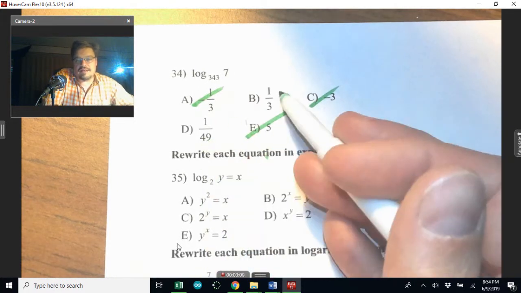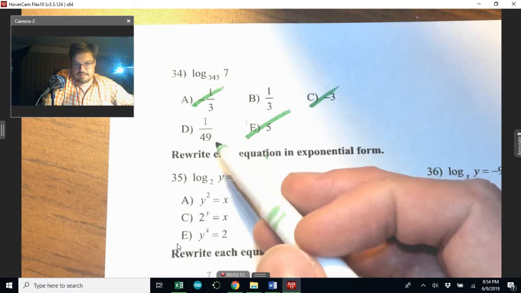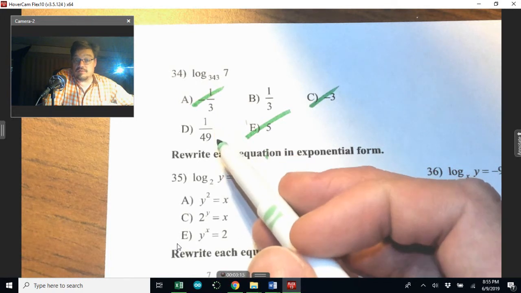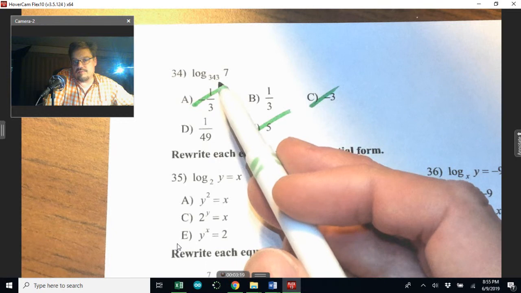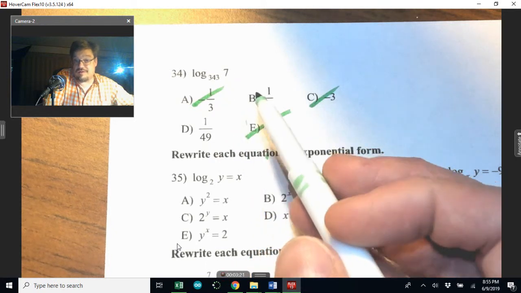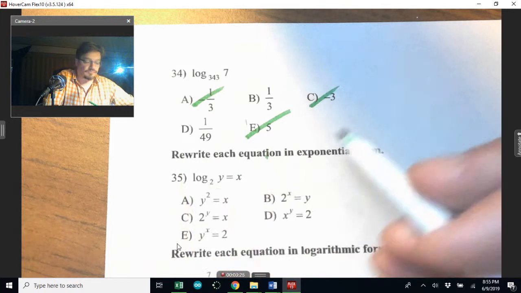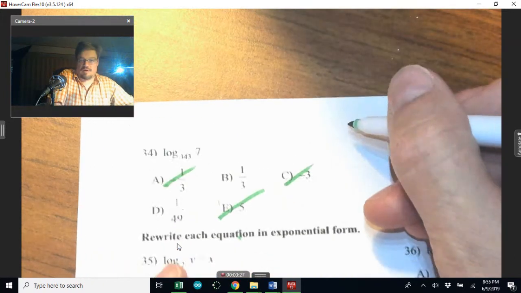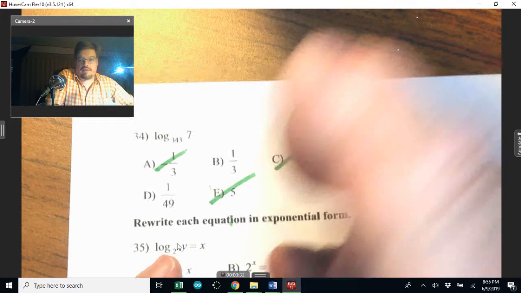So now I've got these two choices. A 1 over as an exponent means that I'm taking a root. So if I took the 49th root of 343, would I get 7? Or if I took the 3rd root of 343, would I get 7? Well, 7 to the 3rd power is 343.